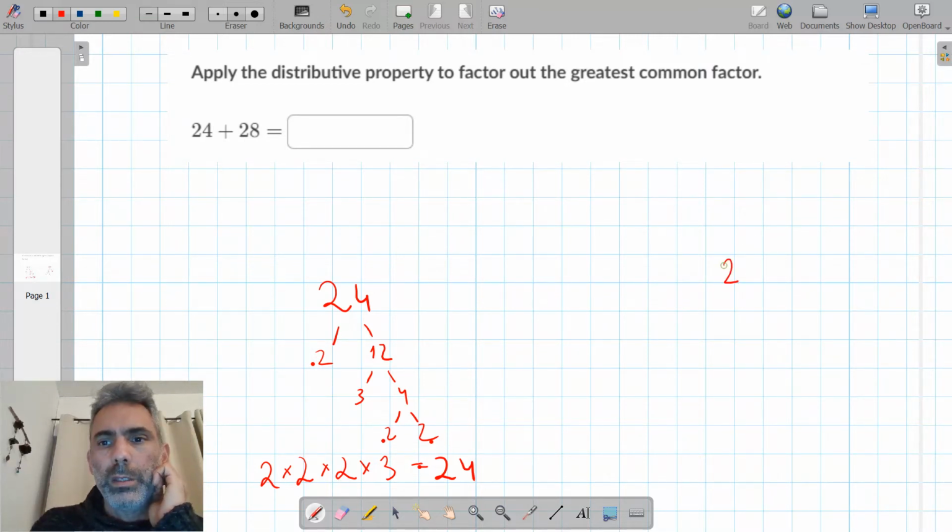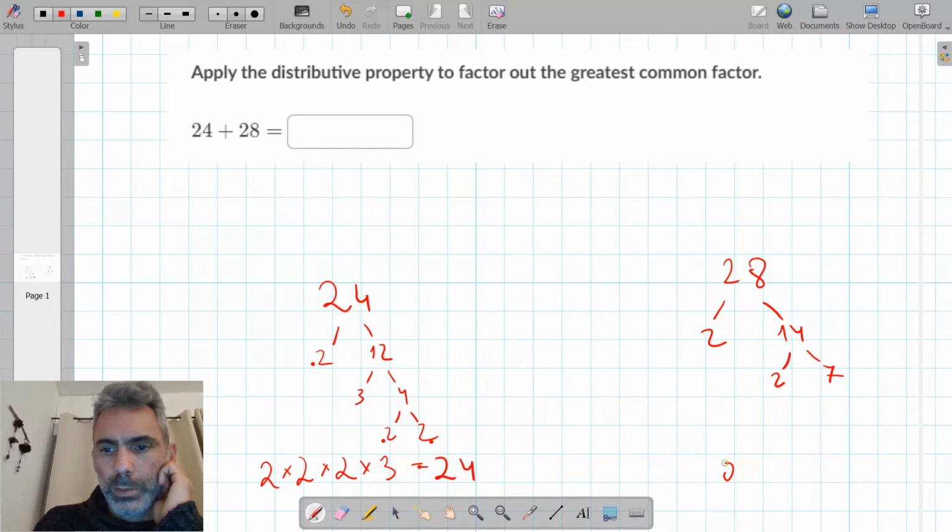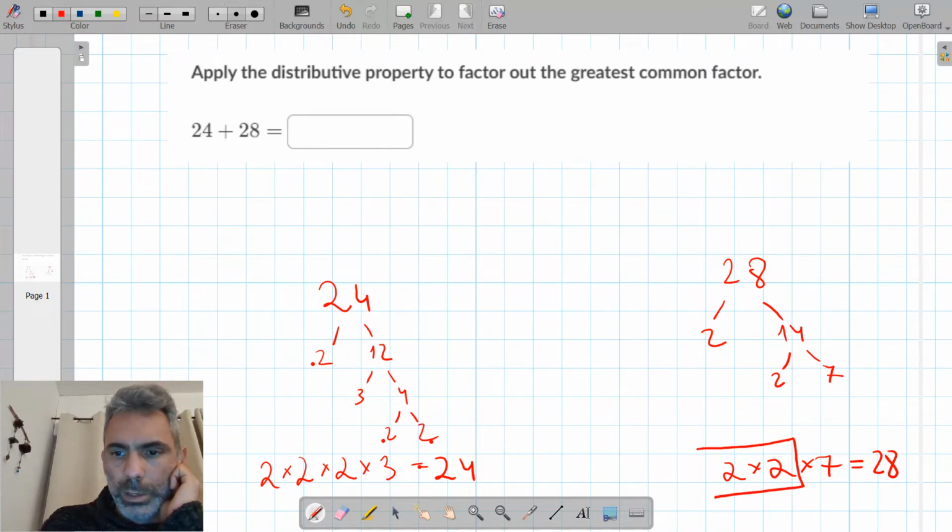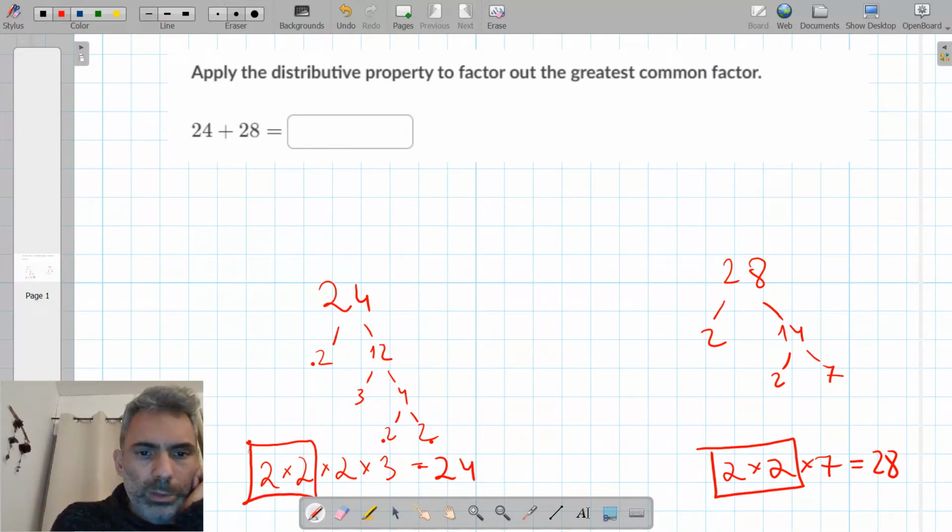And 28 is 2 times 14, and 14 is 2 times 7, right? So 2 times 2 times 7 is 28. So we have these in common: 2 times 2, which is 4 here, and 4 here. So 24 divided by 4 is 6, which is 2 times 3, and 28 divided by 4 is 7.